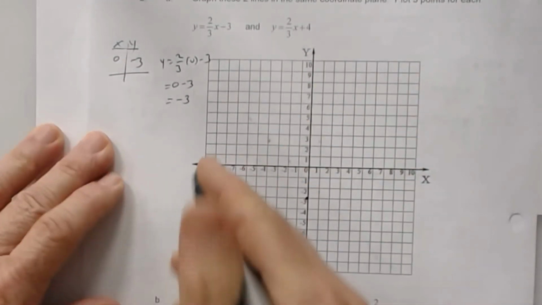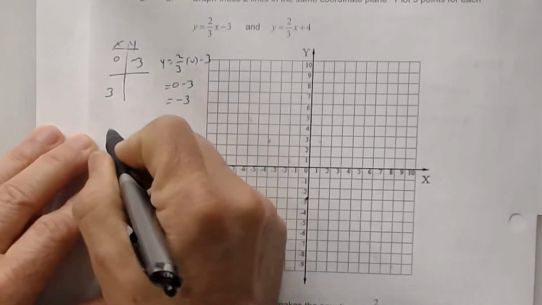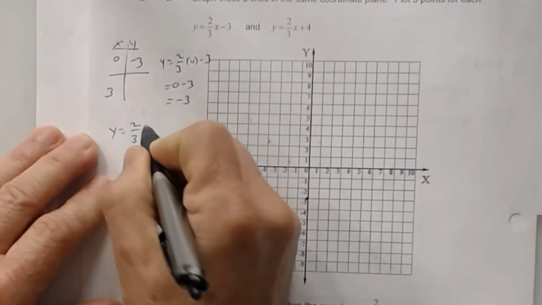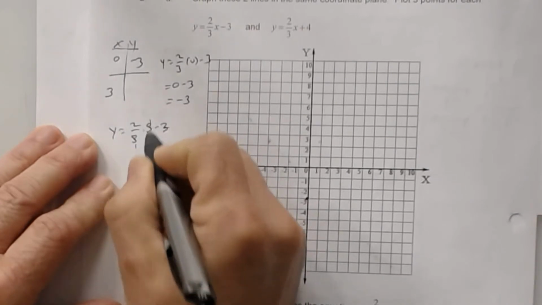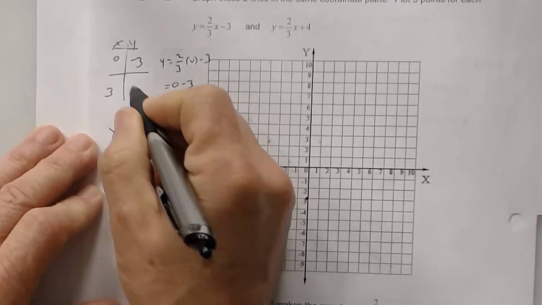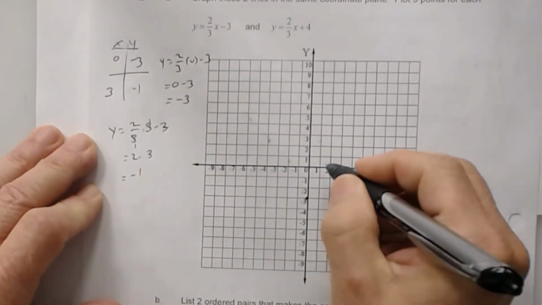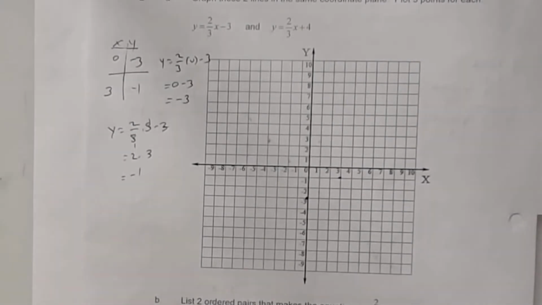I'm just going to do one more point. If x is, let's say, 3, I get y equals 2/3 times 3 minus 3. The 3's divide out, so I get 2 minus 3, which is -1. We'll plot the point 3, -1, which is here. And we'll graph that line.